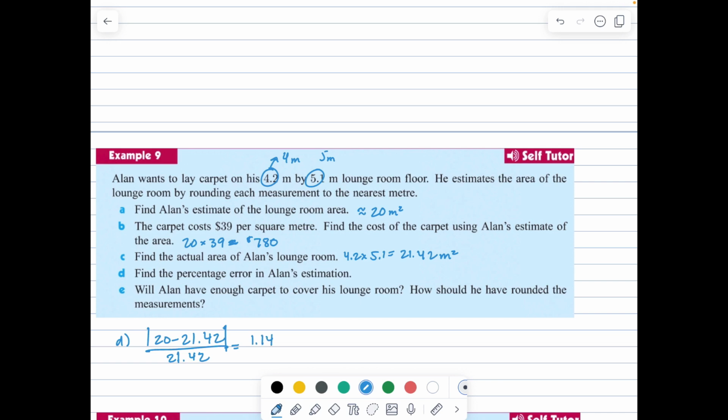On the top, that's 1.42 over 21.42. And we can calculate that.